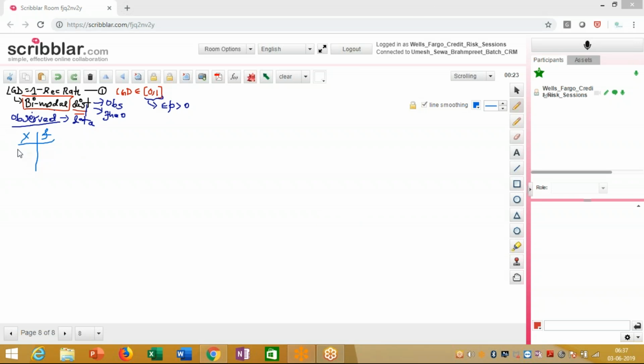Okay, so as I was saying, x has multiple values, right? Let's say x1, x2, like this. It has some finite set of values, let's say xn.